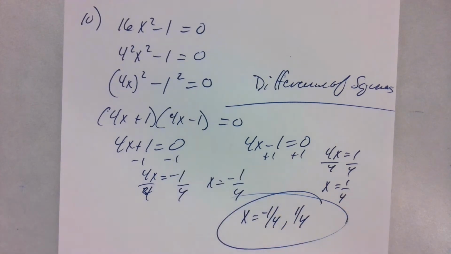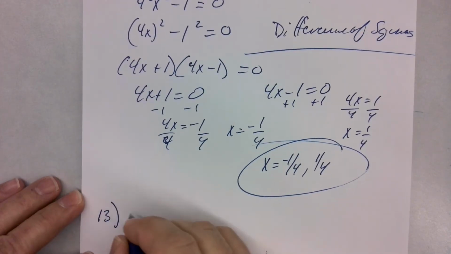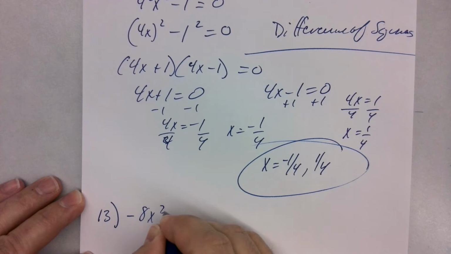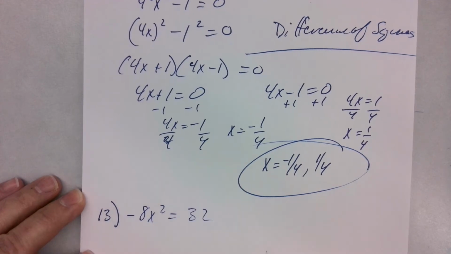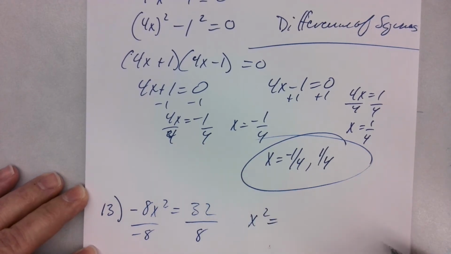Okay. Yo. 13. 13 says negative 8x squared equals 32, right? Well, I'm just going to divide by negative 8. That's going to give me x squared equals what?